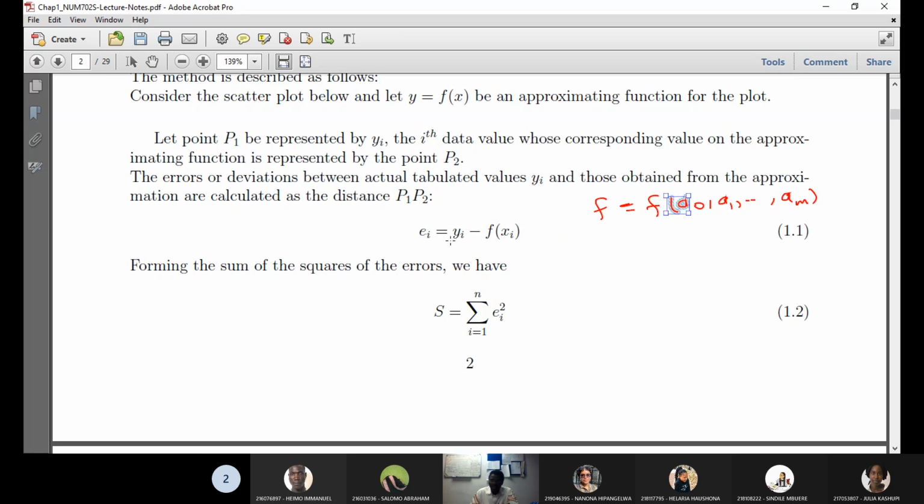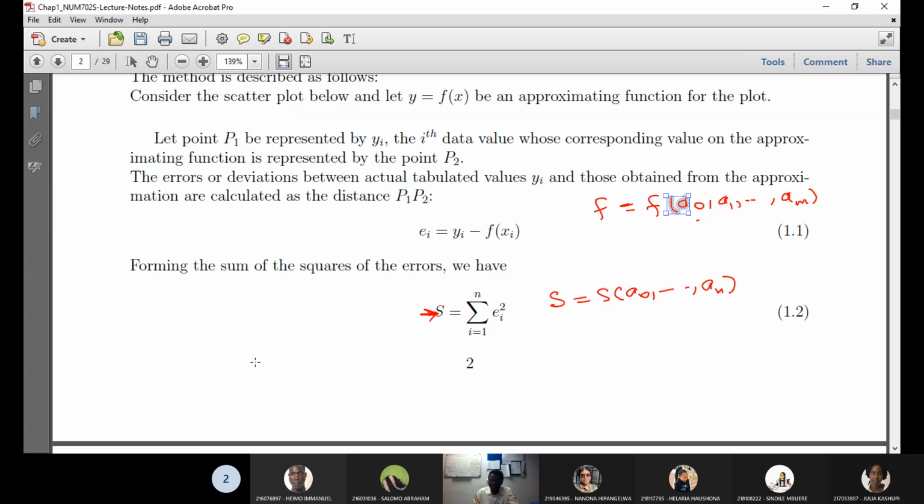Now, in order to minimize this, we will minimize with respect to these parameters. So we'll find the values of these parameters that will minimize the error. And for that, when we substitute, we will take this function s as a function of these parameters, a0 up to an.